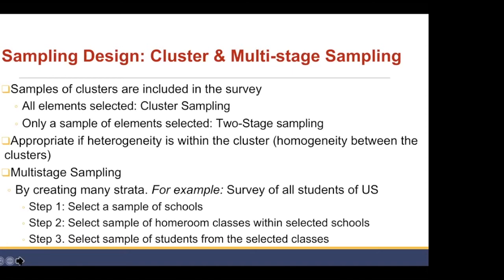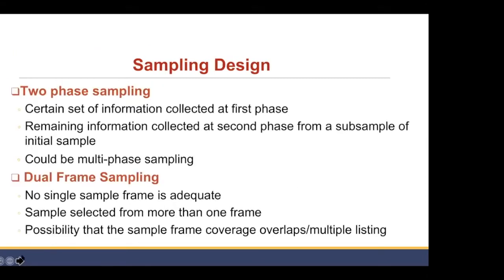Another way that is getting popular is the two-phase sampling. For big studies, you first do a sampling and collect your first stage of data. For the second stage of data, you can just select a proportion of the previous sample.